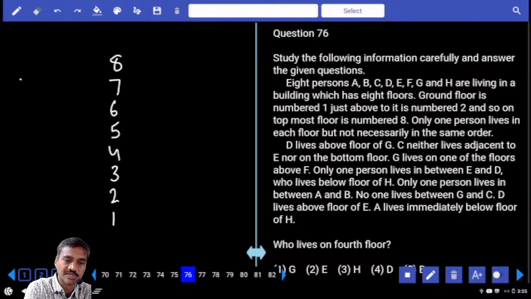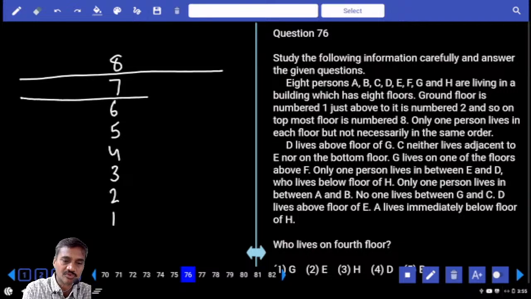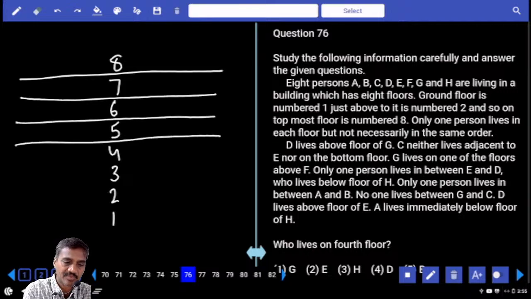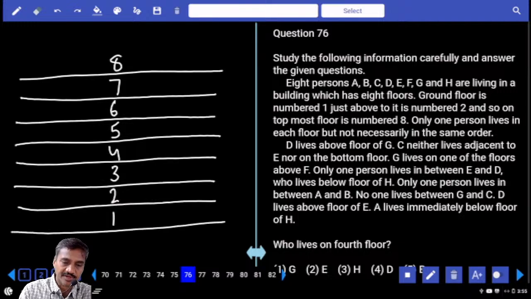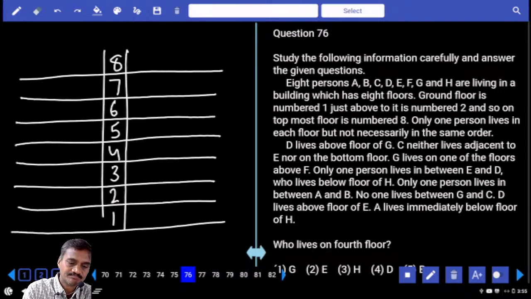Then coming to condition number 1, D lives above the floor of G. Now this D is above the floor of G, and C neither lives adjacent to E, nor at the bottom. So C is not adjacent to E, and C cannot be at the bottom.